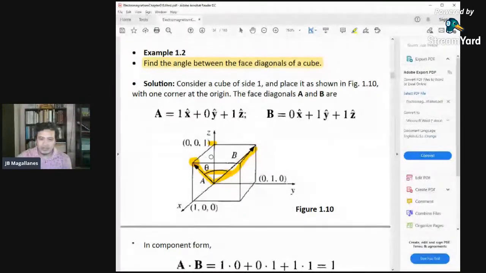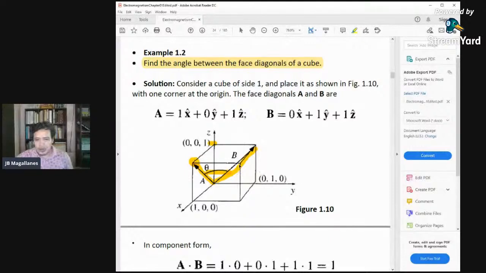No, this is 1 for x, for y it is 0, and for z it is 1. Because the y would just be here and it's 0 here. So 1 for x, 0 for y, and 1 for z. So this is 1 0 1.